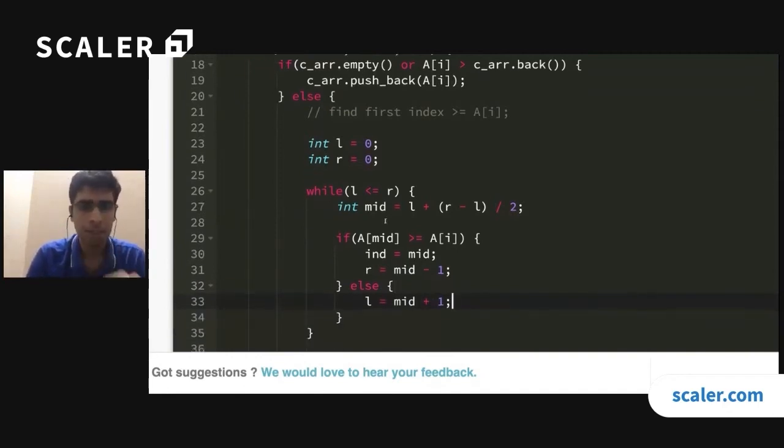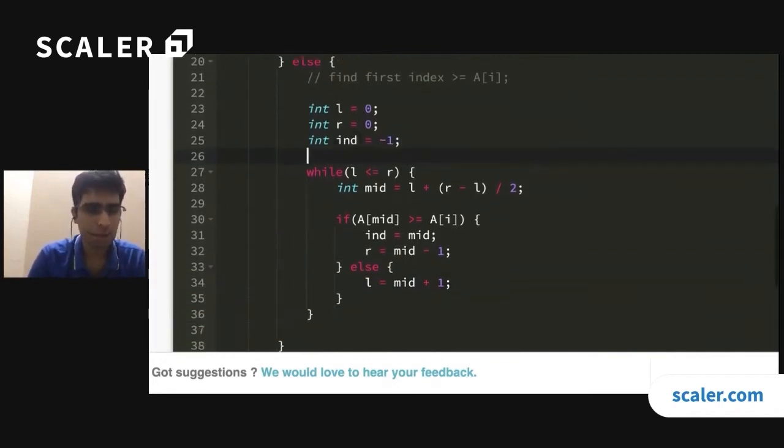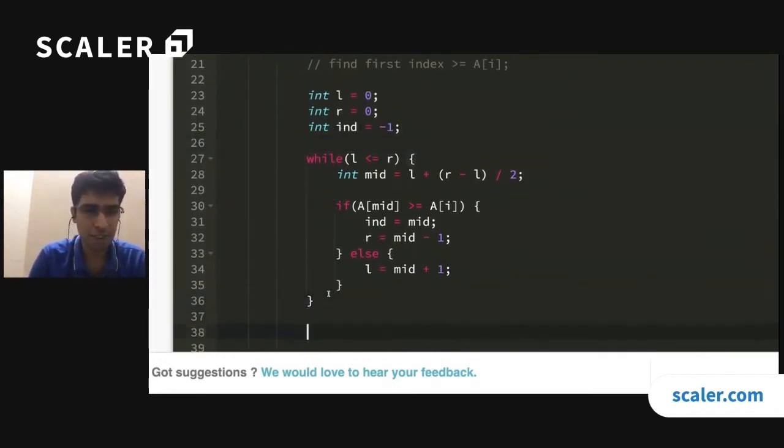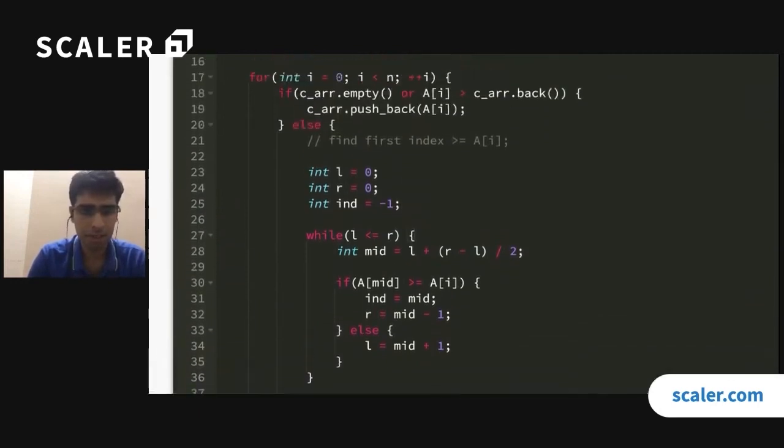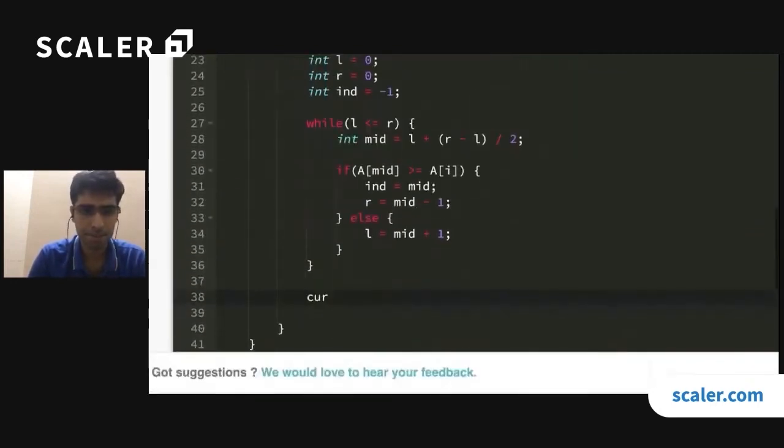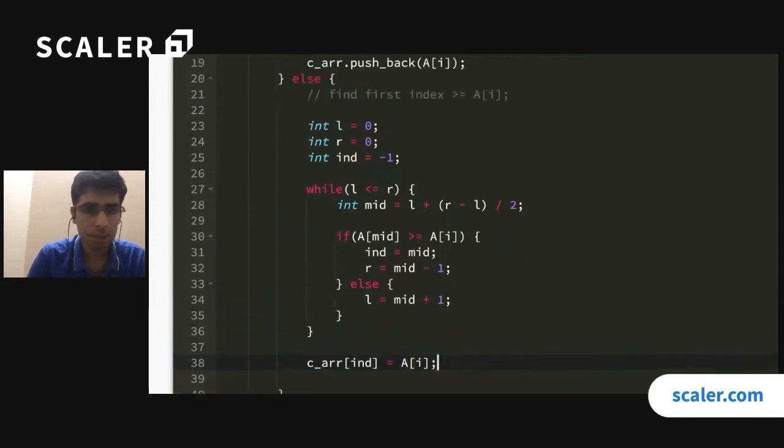Okay. So I will say int is equal to minus 1. And what I do after this, I just change my current array index to array I. What should R be?